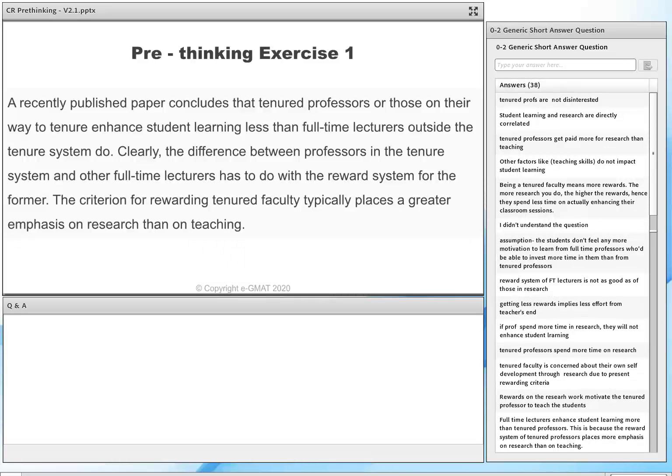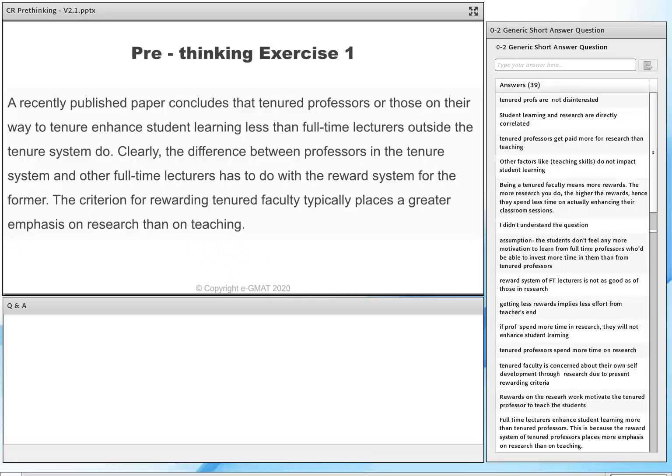Others talked about the reward system changing behavior. Some talked about the dollar amount of rewards, and others talked about whether professors are more interested in self-development, and is that why they do research, and so on and so forth. So you can really see, this one argument allowed many of you to think in a variety of directions.